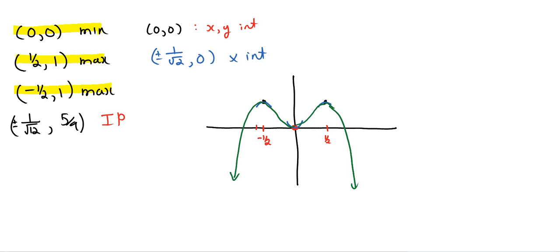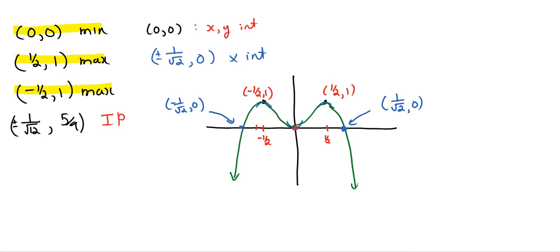So right here is my max at 1/2, 1. Here's another max at negative 1/2, 1. And I guarantee you that this point right here is going to be your x-intercept, which will be 1 over root 2, 0. This point right here would be negative 1 over root 2, 0.